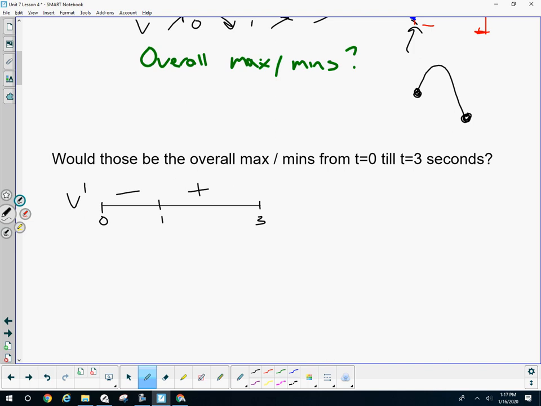0 to 1, what happens? So I don't want to say 0 to 1 an interval. I want to say at a point I have a min. At 1, I know for certain this must be the location of the absolute min on the interval, because I know V must go down and then go up on the interval.